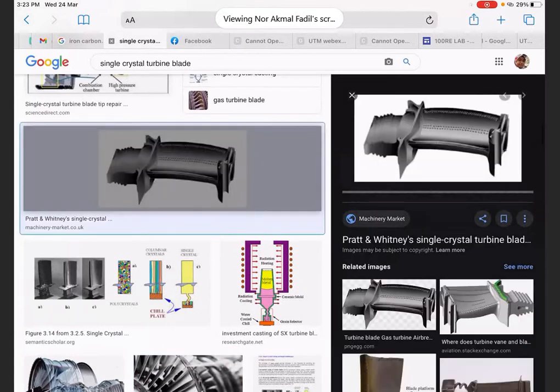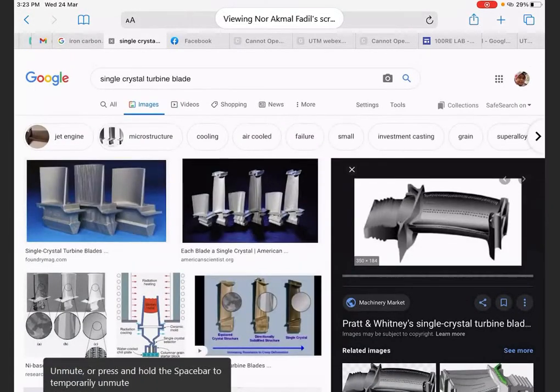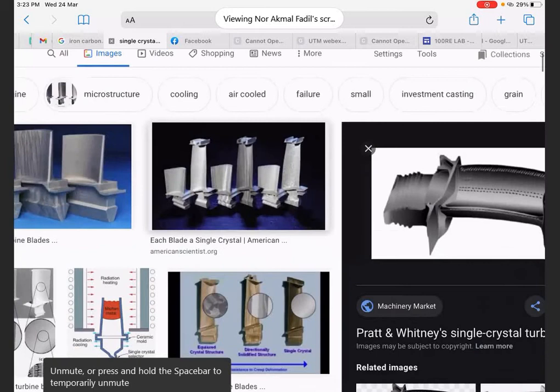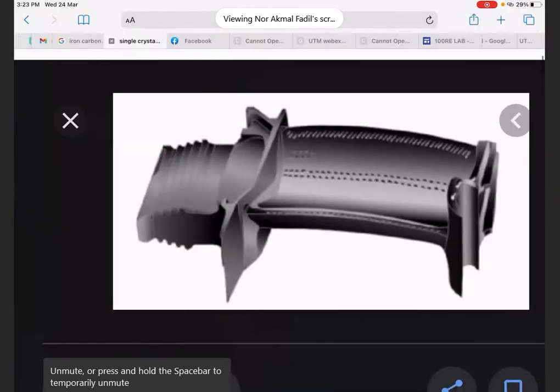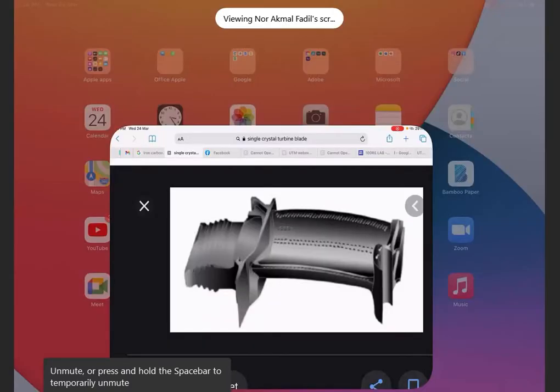And if we extract from this image, this is one single blade. So how do they produce this blade? It is a single crystal structure. To produce this, they use a very specific method, and they have to ensure that this one is a single crystal. It shouldn't contain a grain boundary. Why?